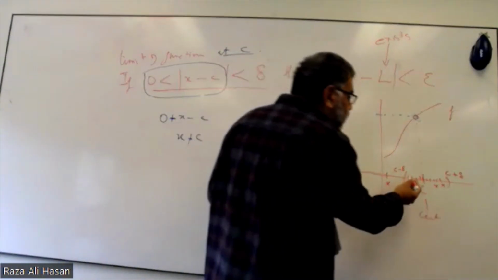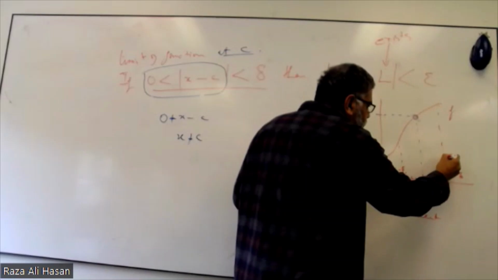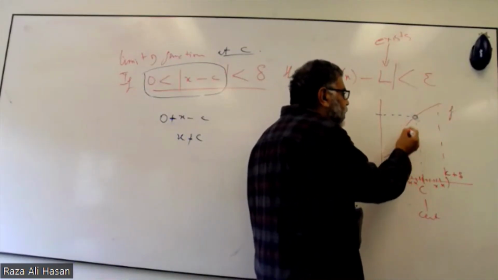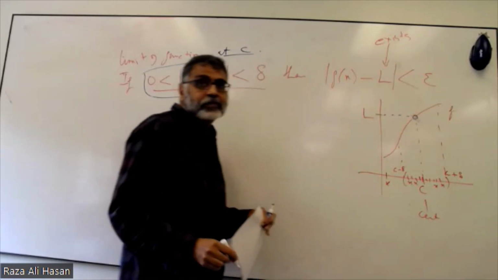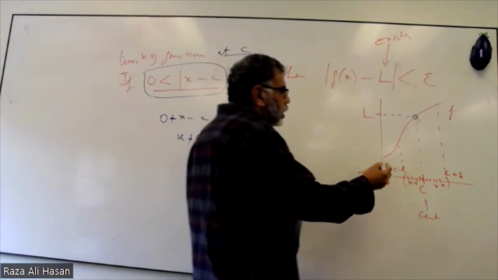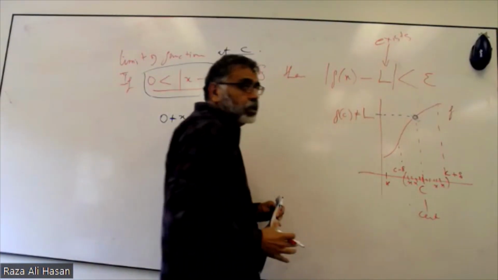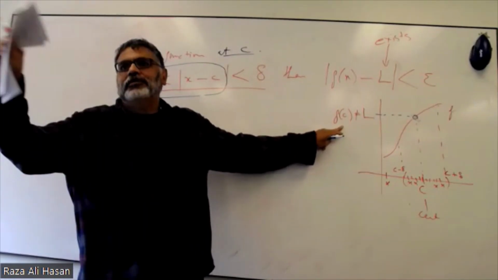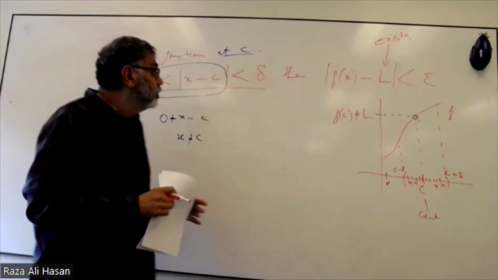For every other x in this little open interval, every other x has a function value, except for that. But there is a number here, right? The limit. So the limit does not have to equal the function's value. The reverse was for continuity: the function's value better be the same as the limit. Okay, all right.